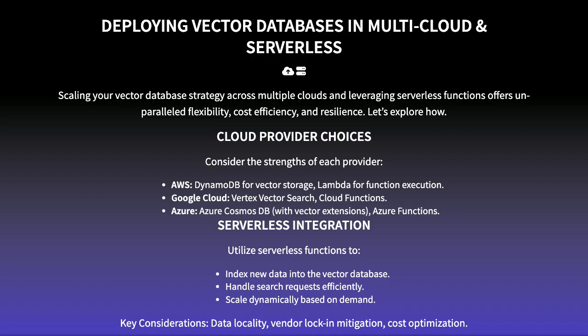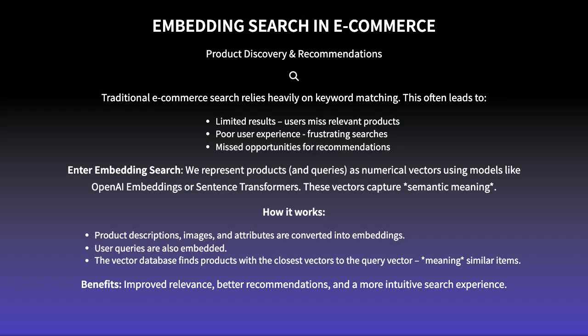Let's talk about how embedding search is revolutionizing product discovery in e-commerce. Traditionally, when you searched for something on an online store, it relied mostly on matching keywords directly. But that often meant users missed products that were relevant but didn't use the exact same words.